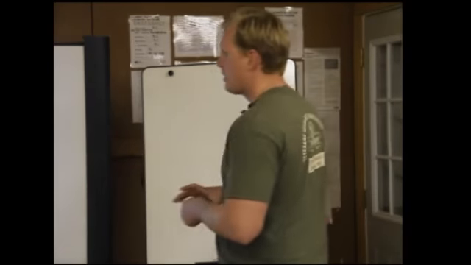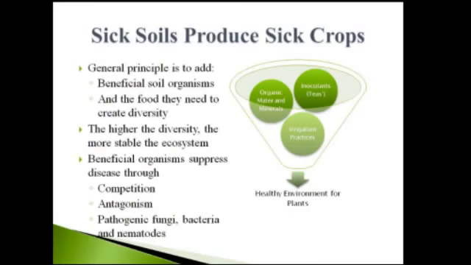So through competition and antagonism primarily, it makes it difficult for disease-causing pathogens to have much effect because they're competing just to stay alive as opposed to thriving on your crop. And you can see the graph on the right-hand side of your screen. We can have inoculants like our compost teas, which are a supply of microorganisms, organic matter and minerals, which is a food source for the microorganisms, and then good irrigation practices.